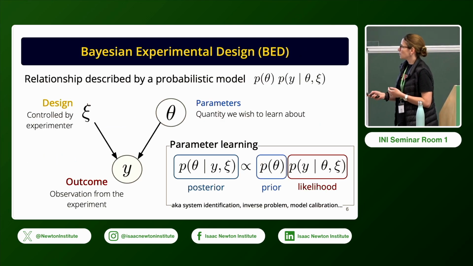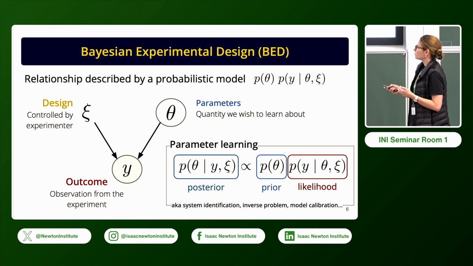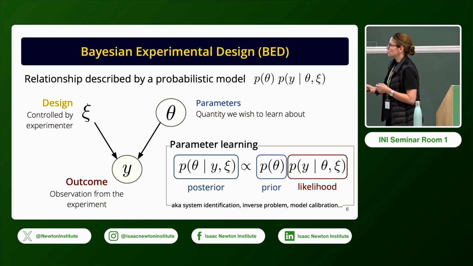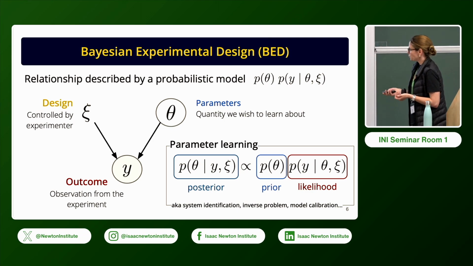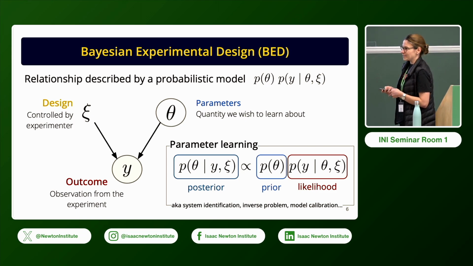So this was the assumed factorization of our underlying Bayesian model. We have our design, we have our parameters, and together they determine the outcome of the experiment. As we said, the goal was parameter learning, and we do that using standard Bayesian inference, estimating a posterior from our prior and our likelihood.